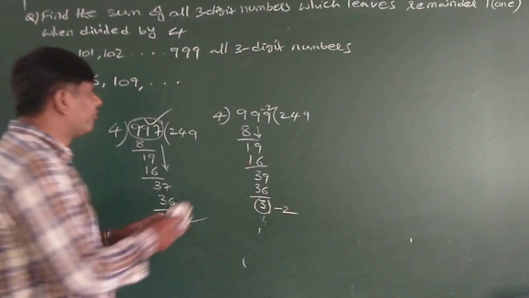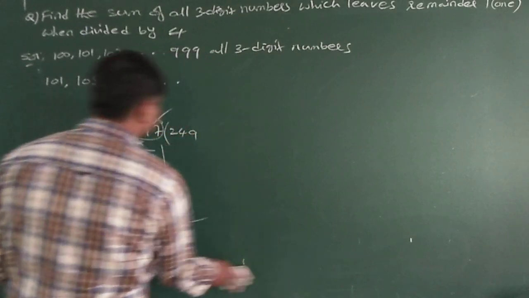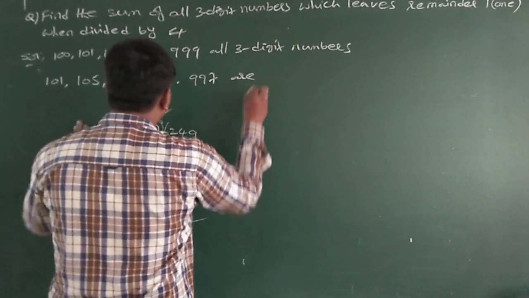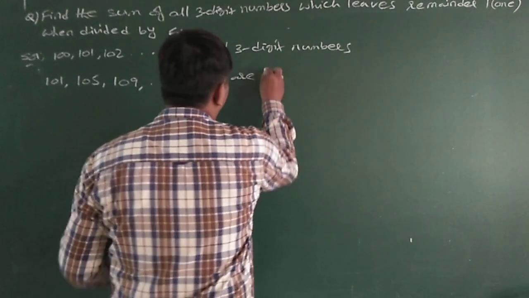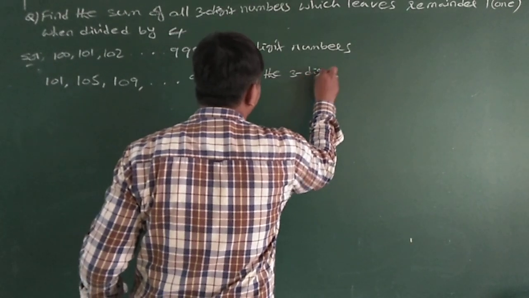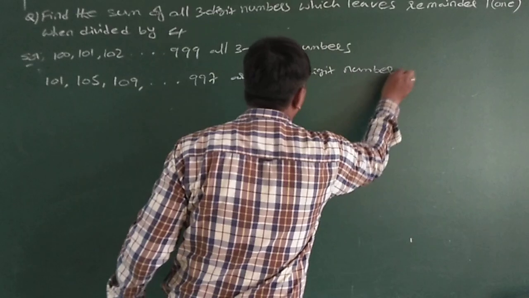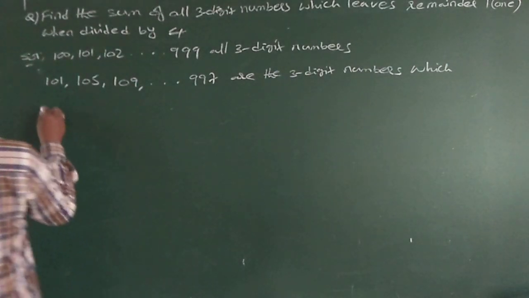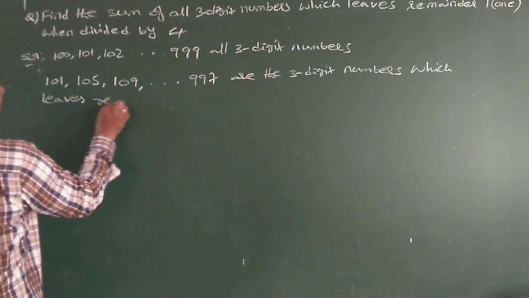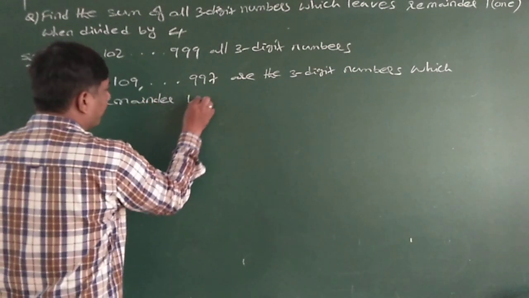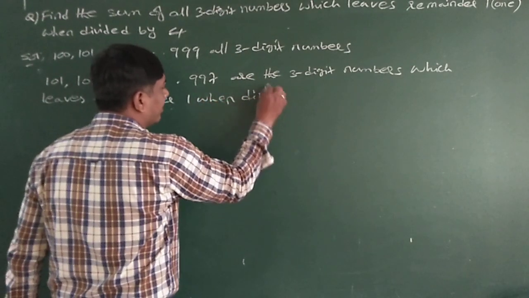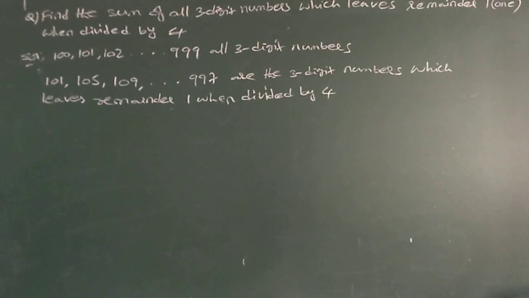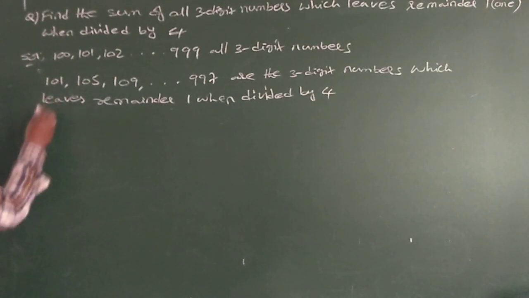So 997 is among the 3-digit numbers which leave remainder 1 when divided by 4.